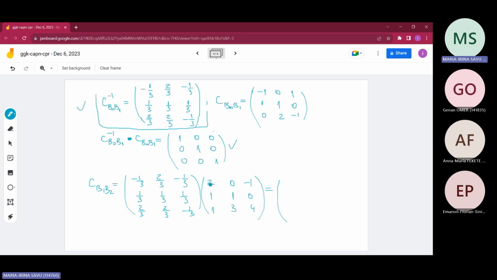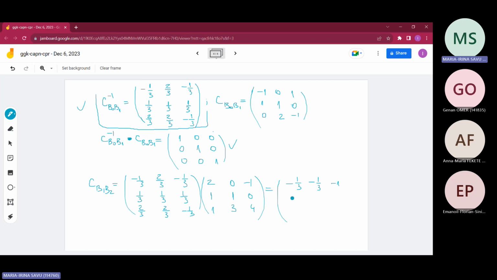So you have minus 2 over 3 plus 2 over 3 minus 1 over 3 is minus 1 over 3. 2 over 3 minus 3 is minus 1 again. You have 1 over 3 minus 4 over 3 is minus 3 over 3, which is minus 1.